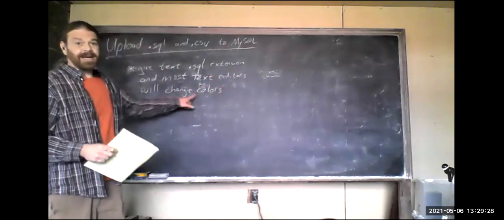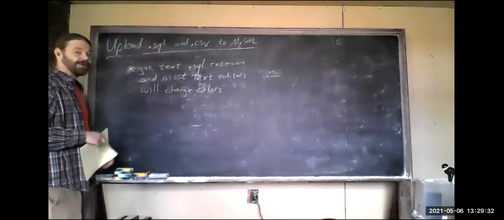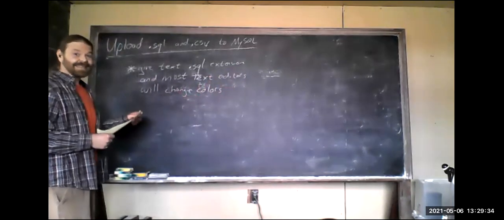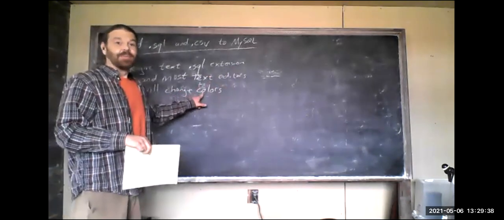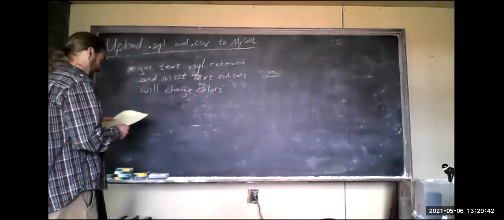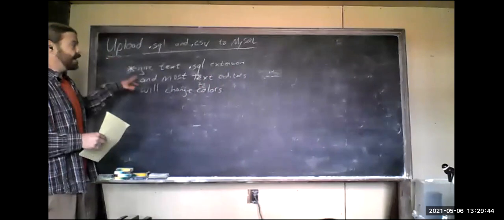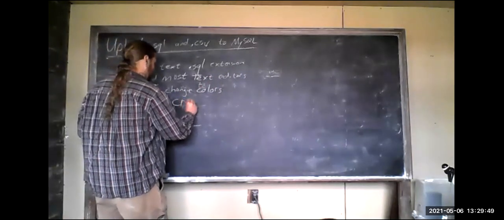Our technical term for recognizing a language like that is called lexing, but I figured it might make more sense in the notes if I just said change colors, because that's what we want. It makes it a whole lot easier to put our code together if it changes colors and we know we spelled the words correctly. Then we can just upload that and we have all those queries, usually our create queries.